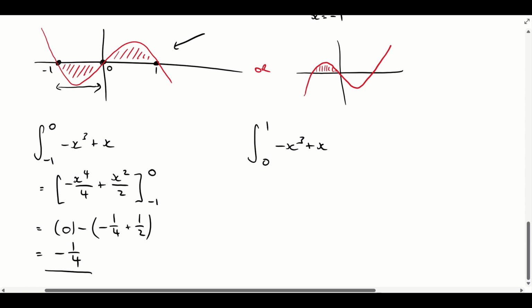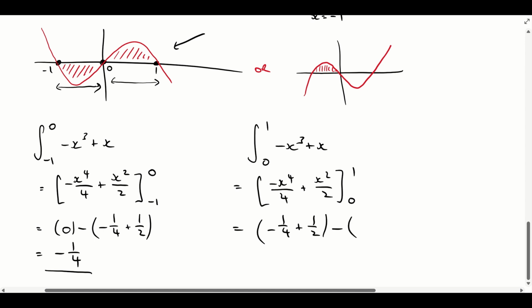Let's do the same from 0 to 1, so this time we're calculating this side. Well, I get my same integral, negative x to the power of 4 on 4, plus x squared on 2, and I do this from 0 to 1 this time. And well, I get negative a quarter plus a half, subtract, and then when I put the 0 in, I just get nothing.